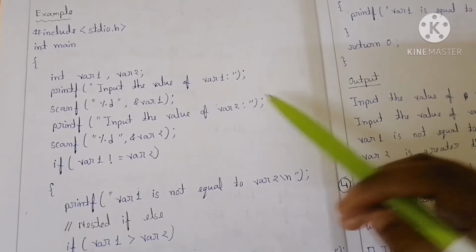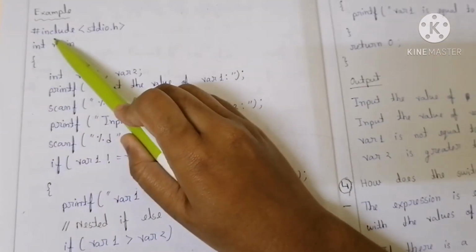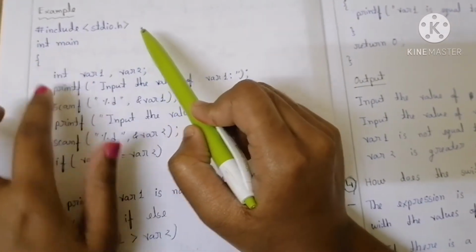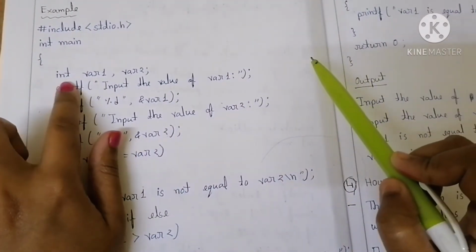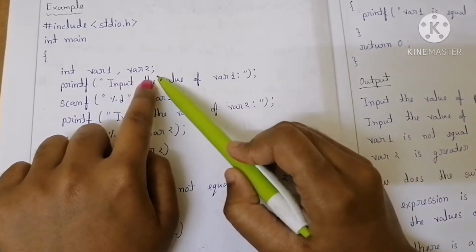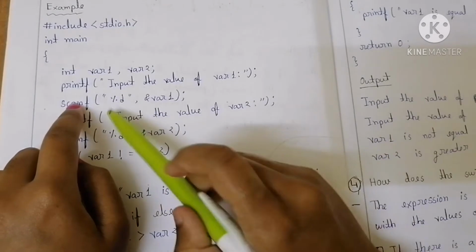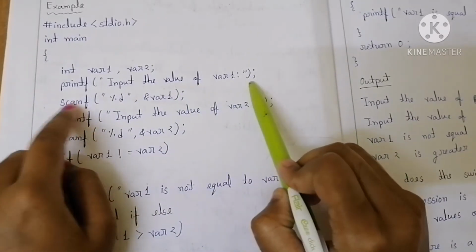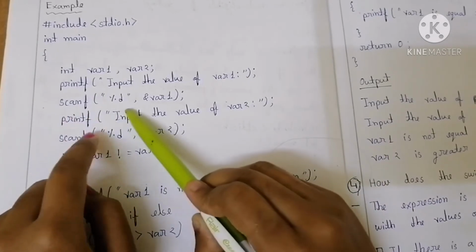First we have to write #include <stdio.h>, then int main, then int variable1, variable2; then we have to enter the value of variable 1. scanf %d.